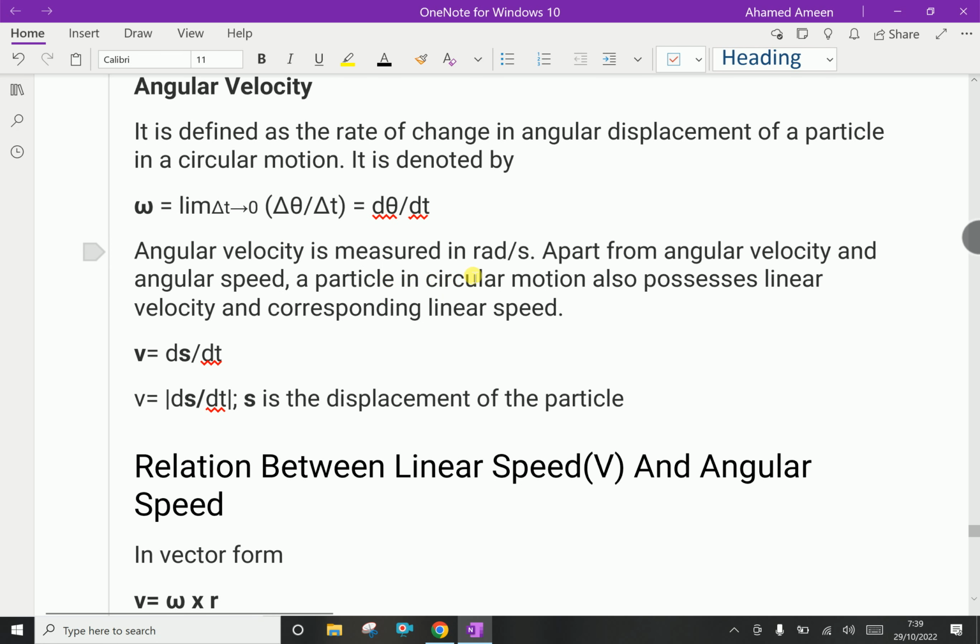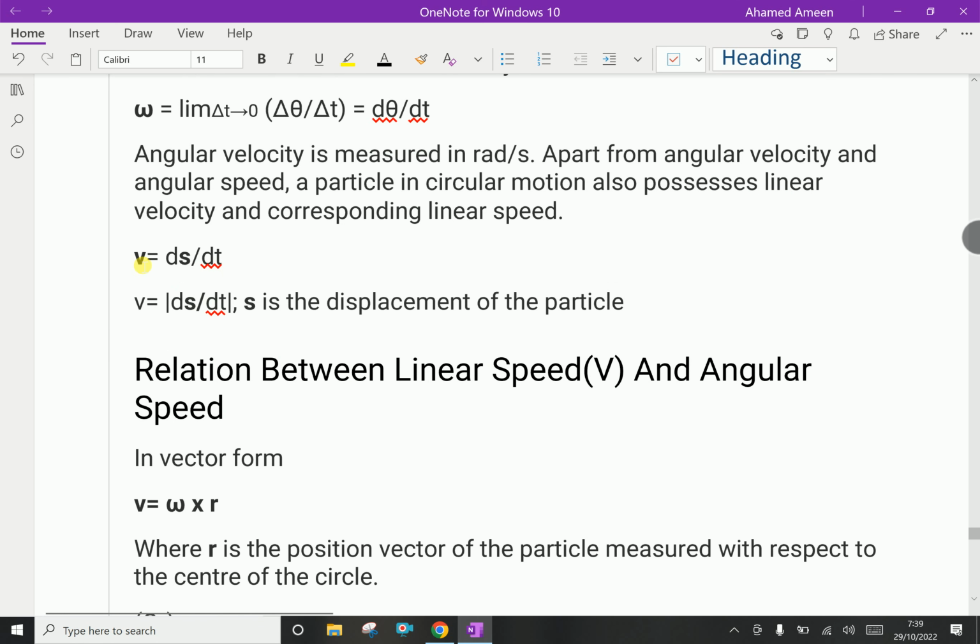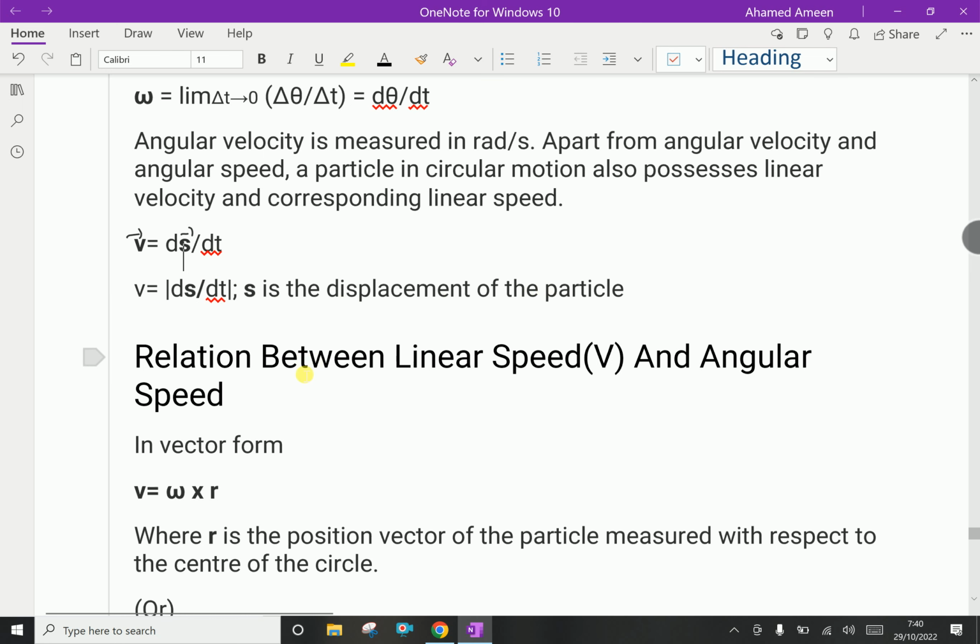Angular velocity is measured in radian per second. Linear velocity is ds by dt, which means change in distance with respect to change in time, where s is the displacement of the particle.